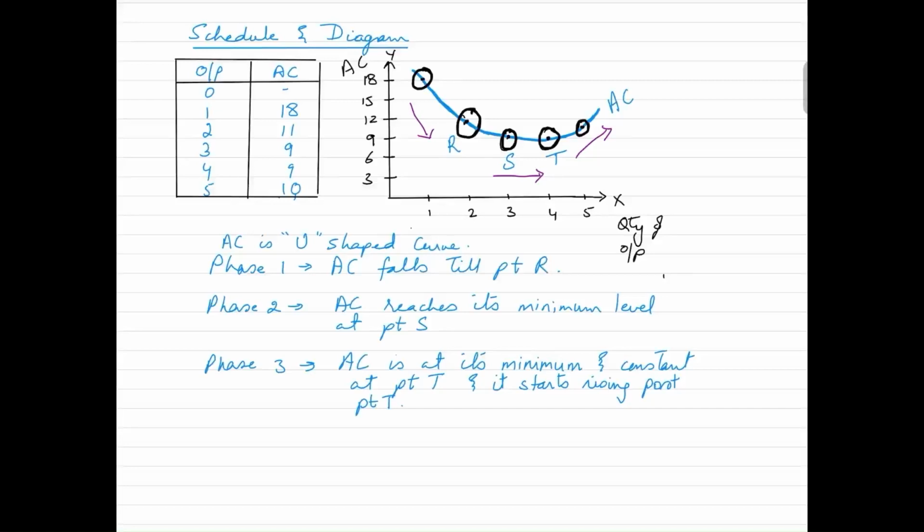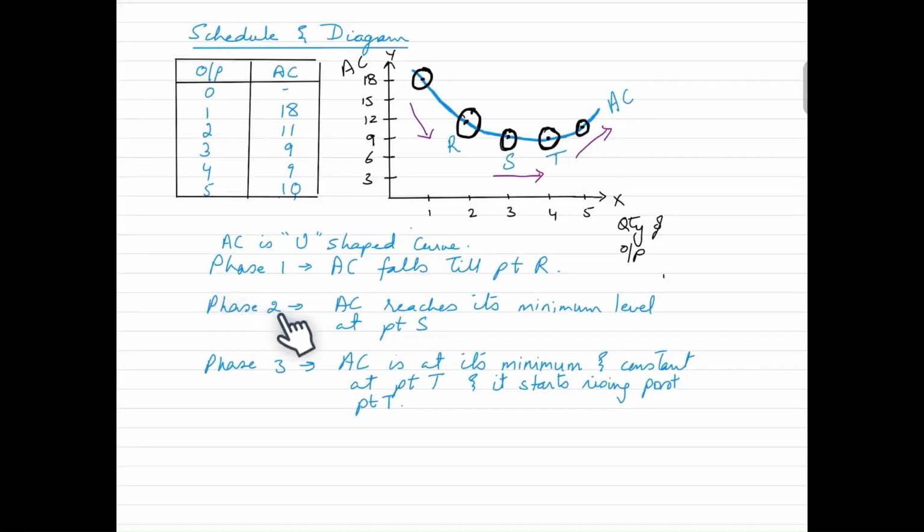So the AC curve tends to fall the moment output increases and the fixed costs are spread over larger units. However, as the output continues to rise, the variable costs would start to rise due to the law of diminishing returns. This simply means that after reaching its minimum point and being stable for 2 consecutive levels of output, the average cost would tend to rise.